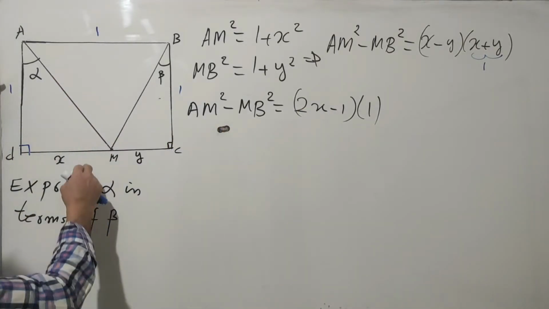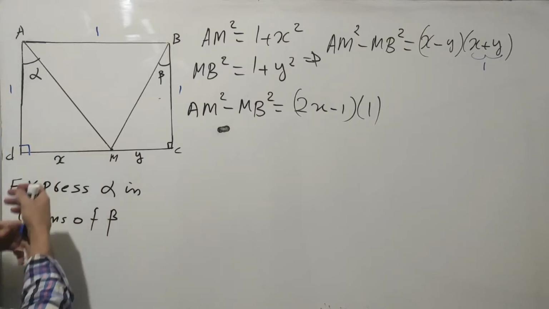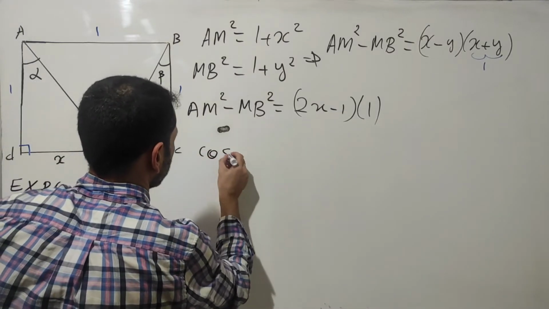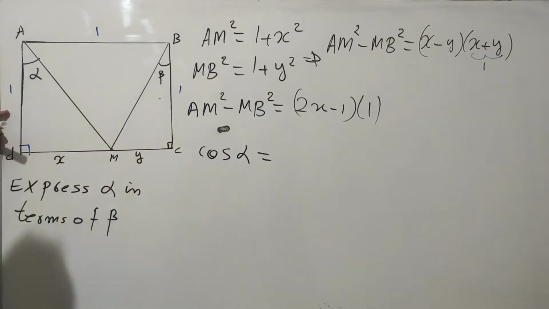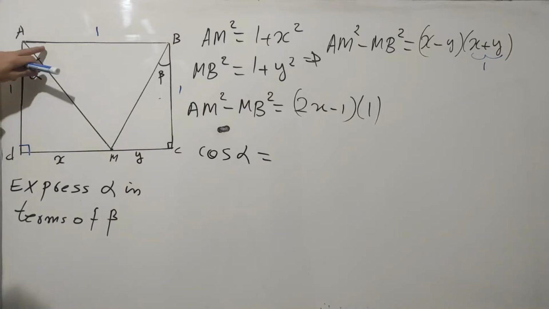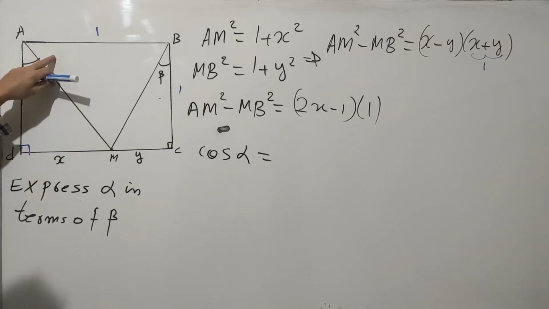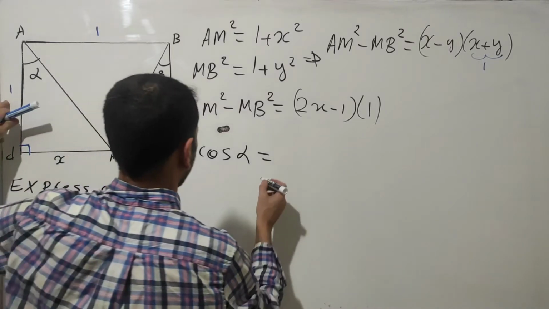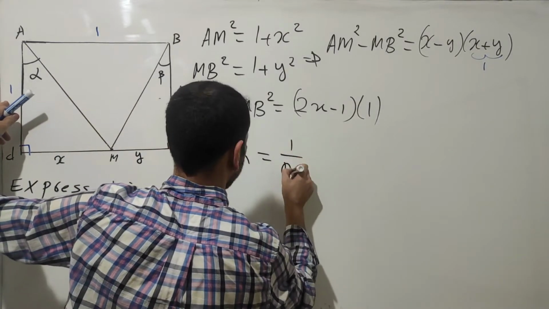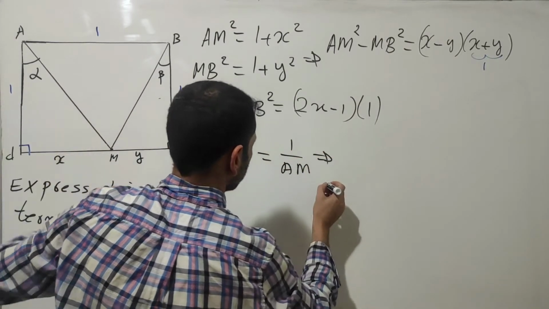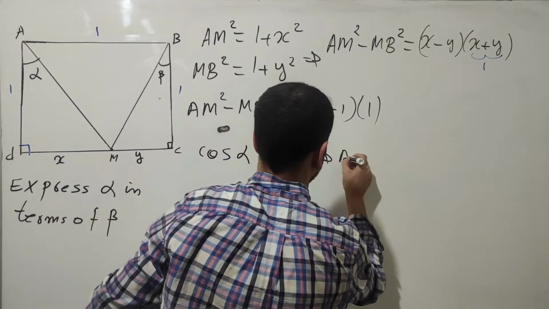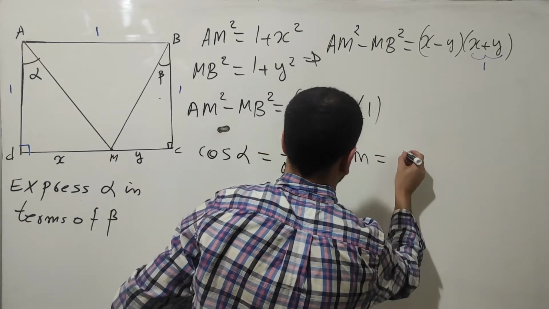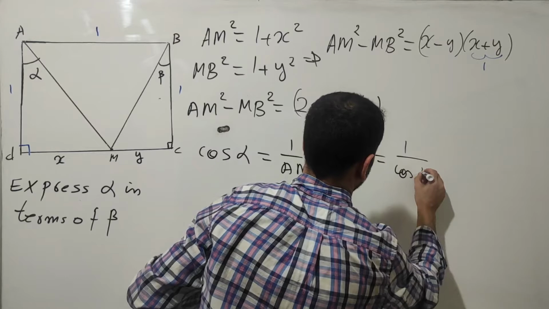For AM, I apply cosine. Cosine of alpha equals adjacent over hypotenuse, so I get 1 over AM. So AM equals 1 over cosine alpha.